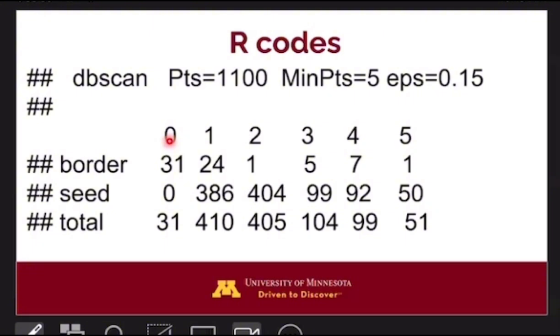Cluster 0 is outlier. Like I said, in the table the column names are cluster number 0, 1, 2, 3, 4, 5. Cluster 0 is always the outlier with DBSCAN.